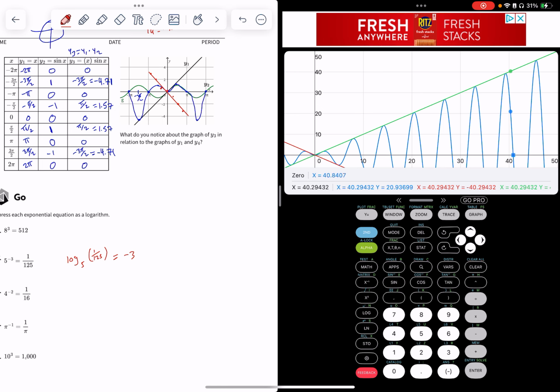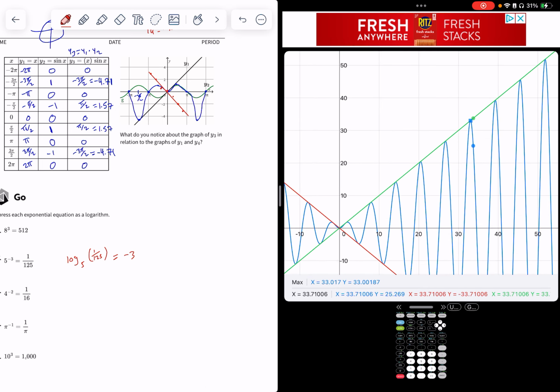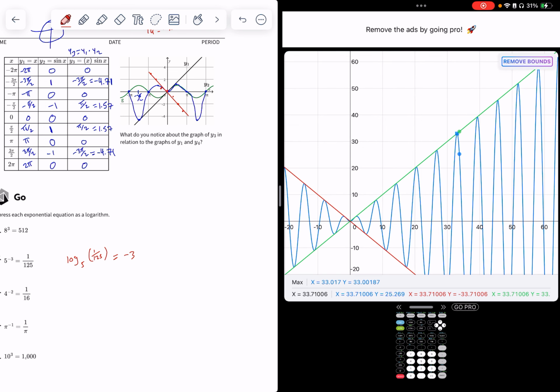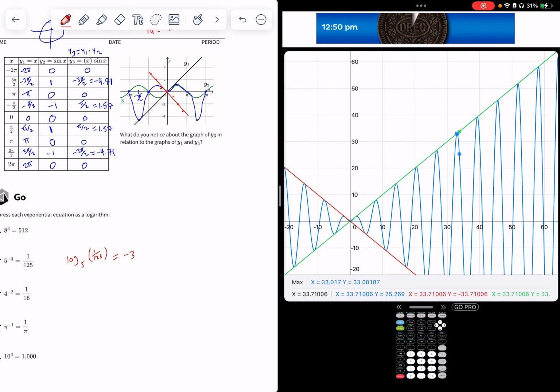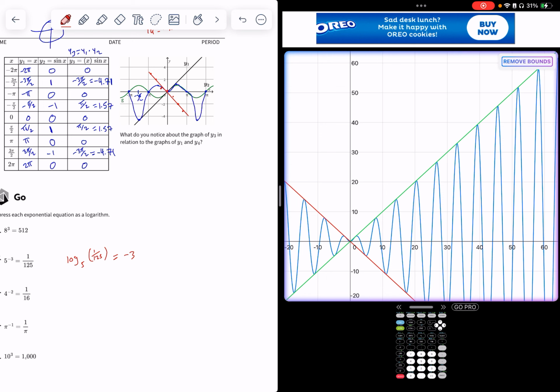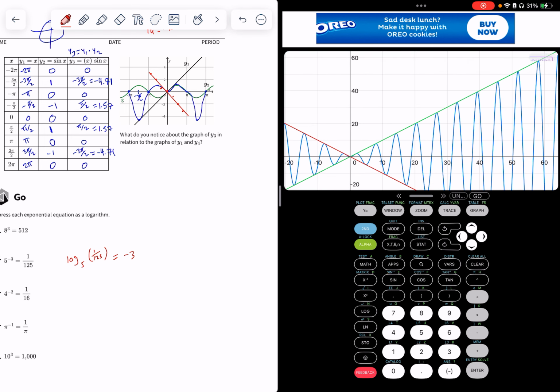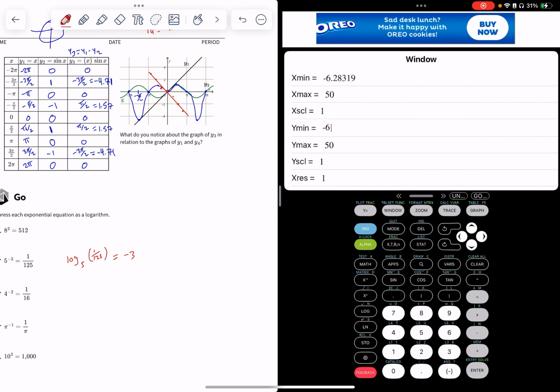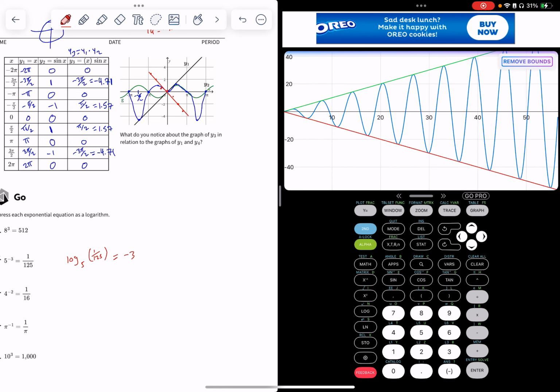Isn't this so cool? You know what I mean? Like these lines, y equals x and y equals negative x, your function y3 is always in between them, right?